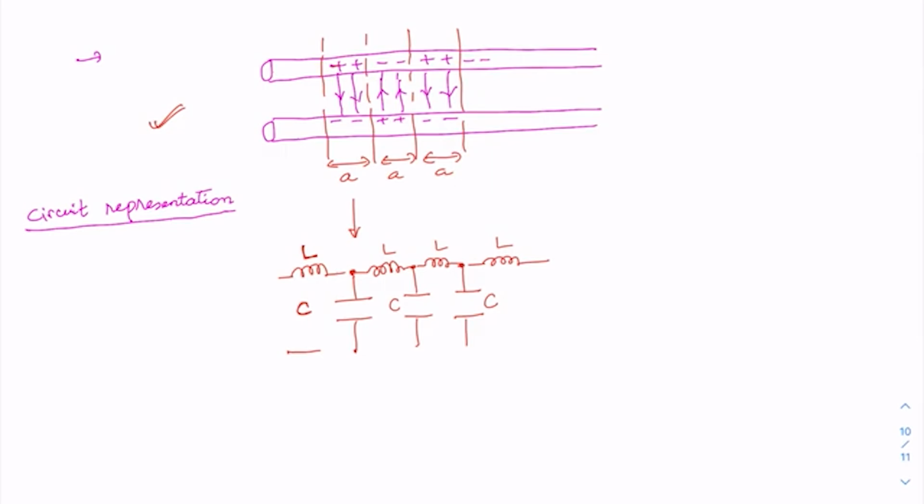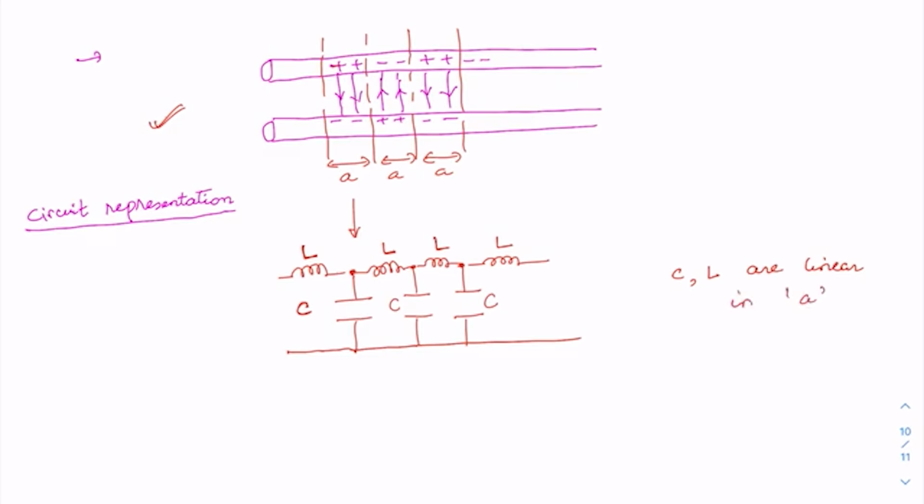For simplification we are not going to put any L here. You should note that this inductance and the capacitance are linear in A, the cell size.